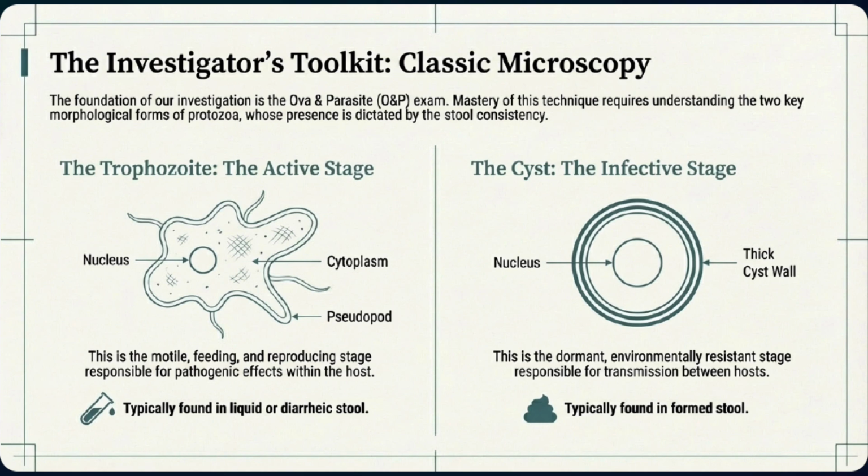The cyst is a dormant, environmentally resistant stage and is protected by a thick wall. So it's typically found in formed stools or after the stool has been exposed to oxygen for a while. And it's usually also the agent of transmission because it's resistant and it can survive for days or weeks outside the host as well.